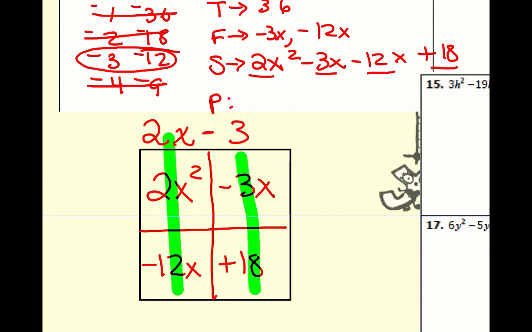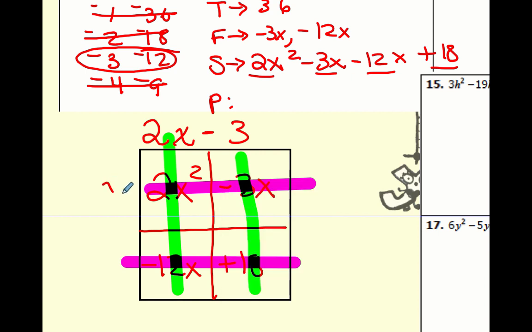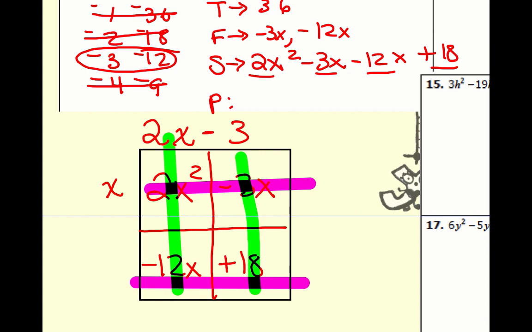So we know we need a binomial times a binomial. The second binomial comes from doing the rows. When I'm looking at 2 and negative 3, they don't have anything in common other than a 1. But x squared and x have a common factor of x. When I'm looking at 12 and 18, I know they have a common factor of 6.